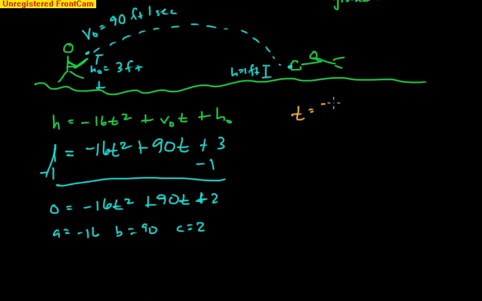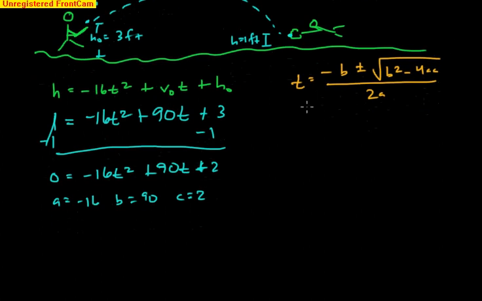So now we use our quadratic formula. t equals, it's t not x because there's t, opposite of b plus or minus the square root of our discriminant all over double a. Down here, I'm going to do the discriminant. b squared minus 4ac. b is 90. 90 squared minus 4 times negative 16 times 2.